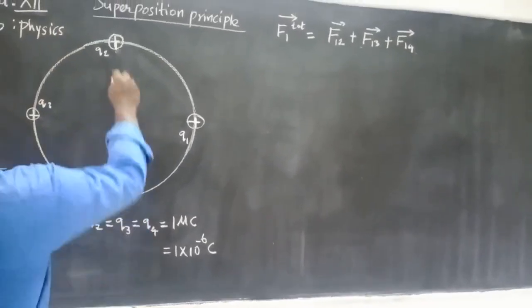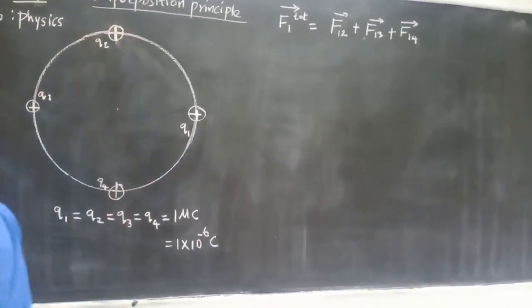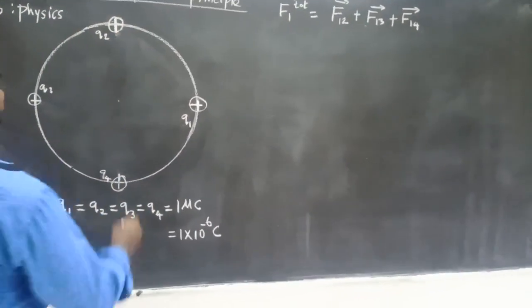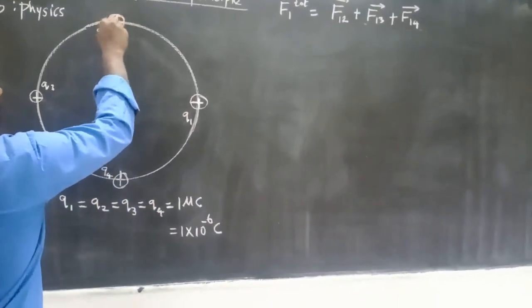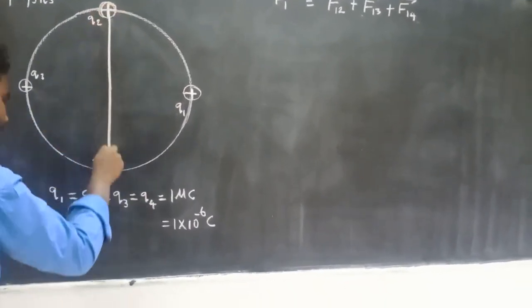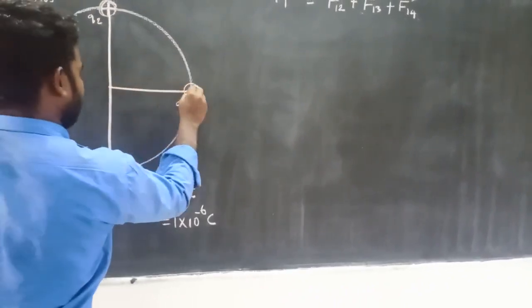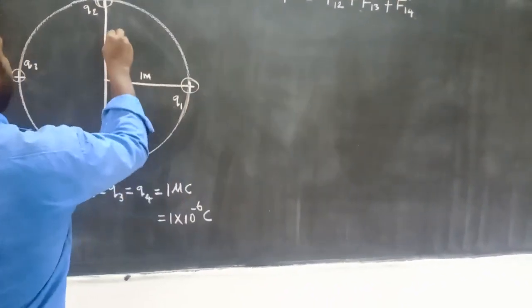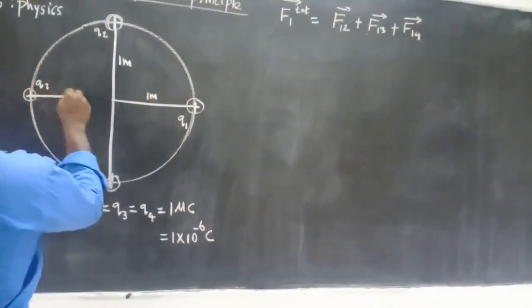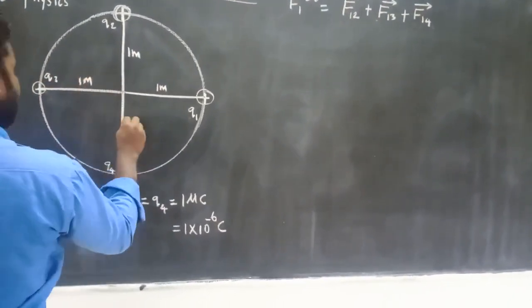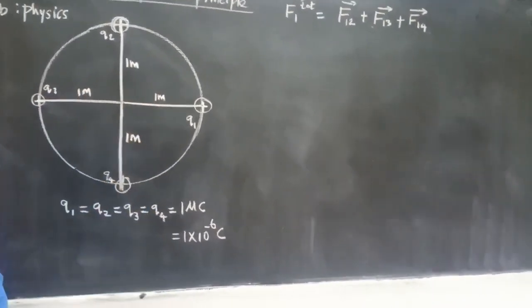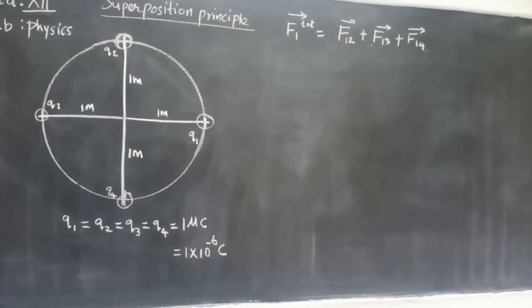First, let us take the charge Q2. Each of the charges is separated by the radius of 1 meter. This is given in the problem. So the radius of the circle is 1 meter.